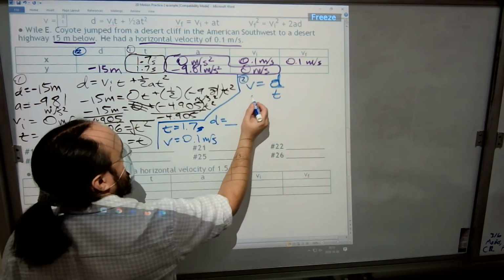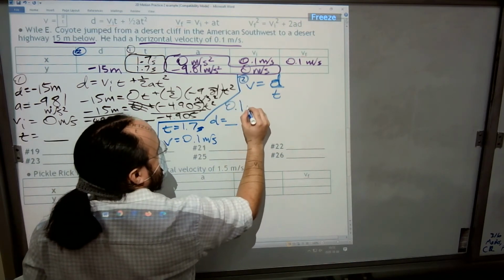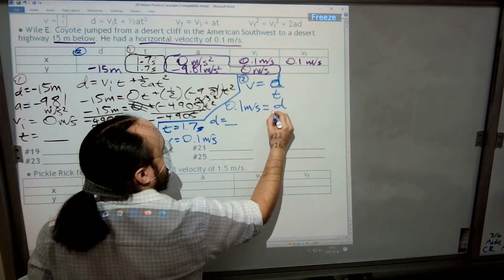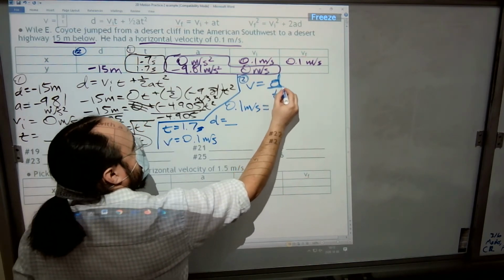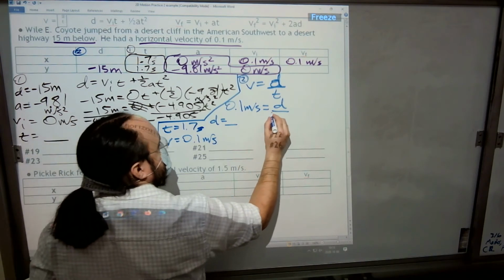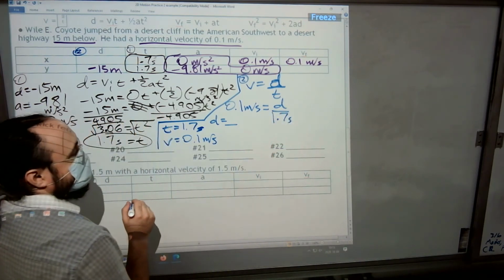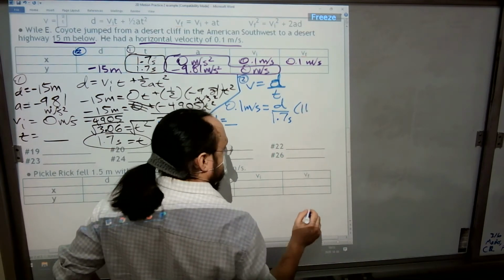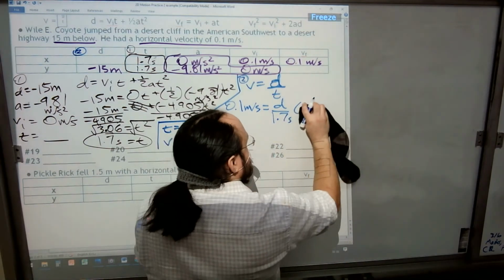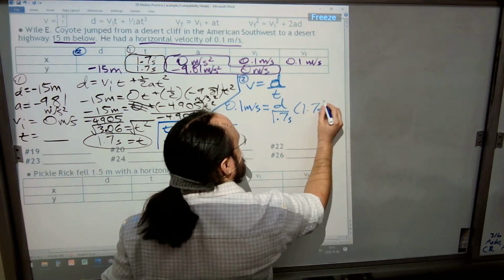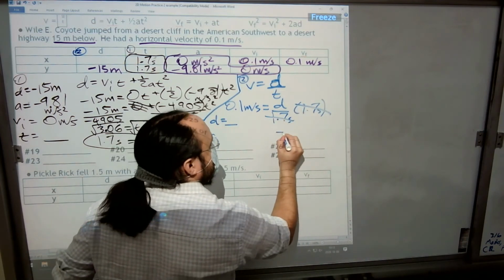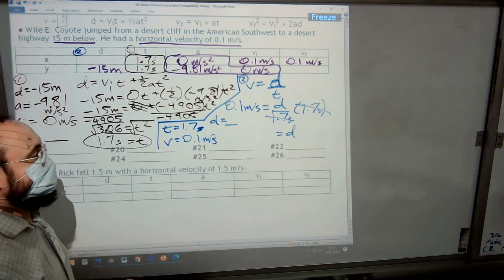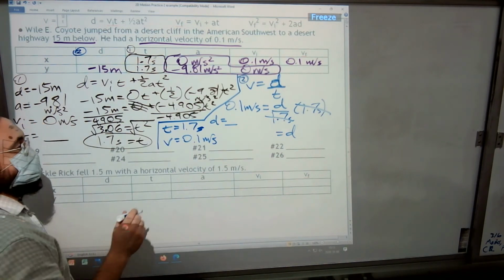V is 0.1, D is the displacement we're looking for, and time is 1.7. I need to multiply both sides by 1.7 seconds. Those cancel, so it just says equals D. Since it says D divided by 1.7, that's why I multiply both sides by 1.7 to make it cancel.